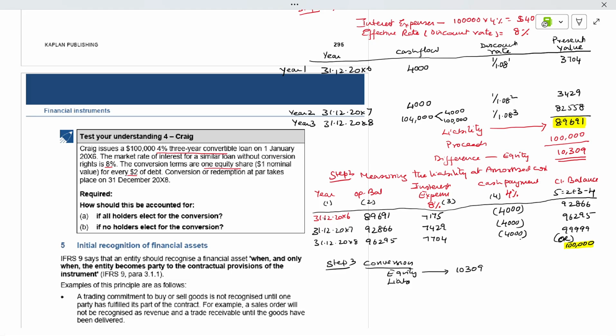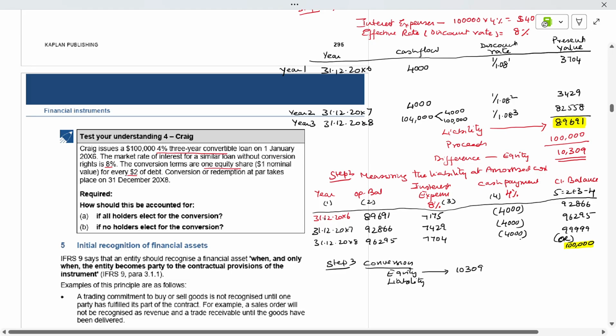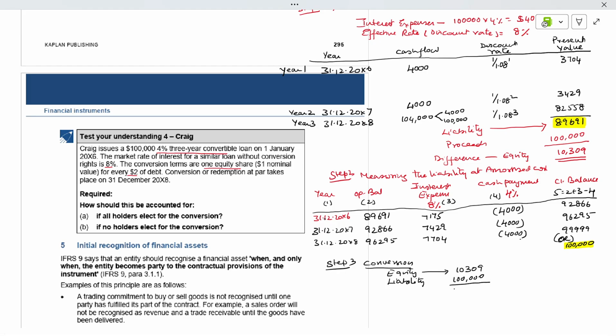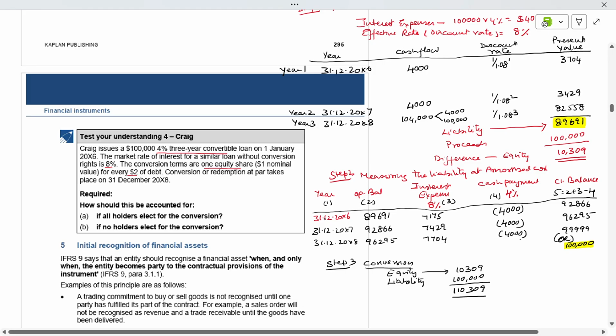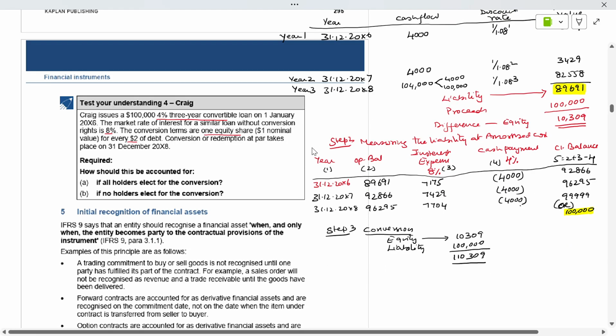Bond liability is how much? Liability is 100,000. Total value is 110,309. Now, book value is how much? Your liability value is how much?